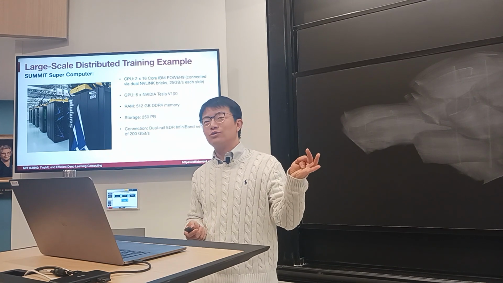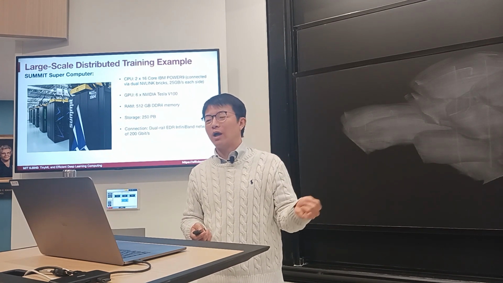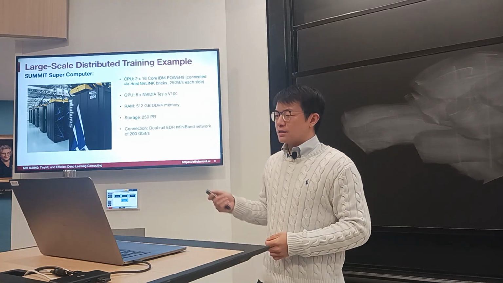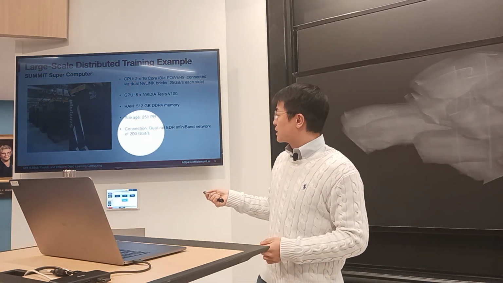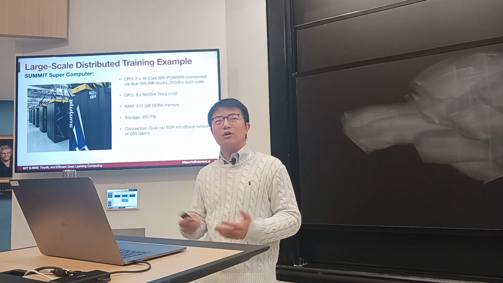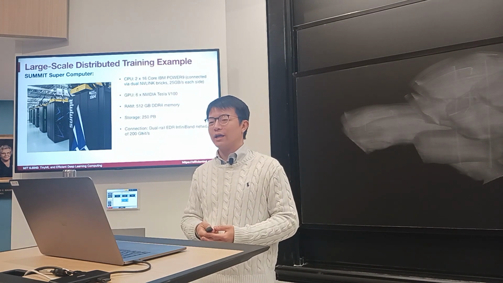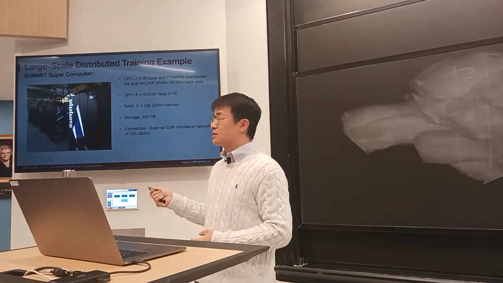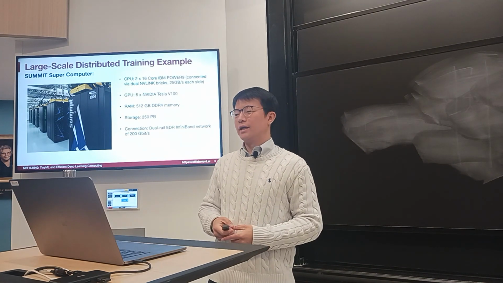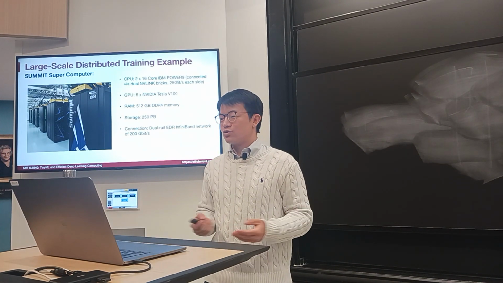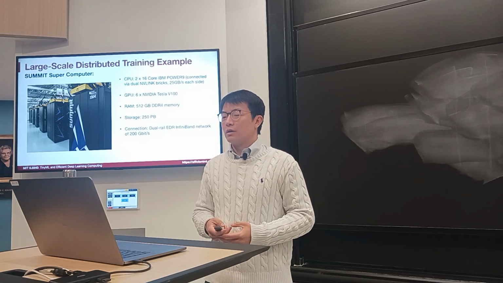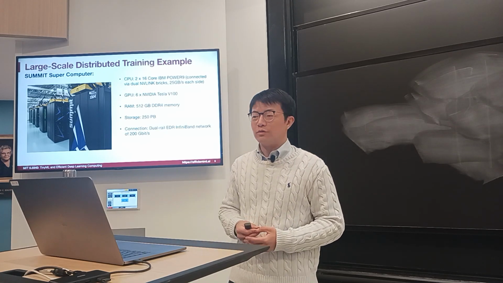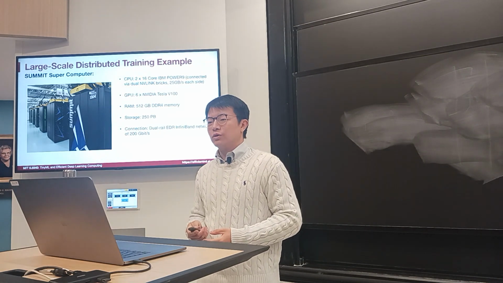V100, then A100, then H100, and now B100 is coming. At that time, it had 200 gigabit per second InfiniBand. Now you can easily get 400 gigabit per second. This was in 2019. So only 4 years. There's tremendous improvement from NVIDIA for the GPU family.